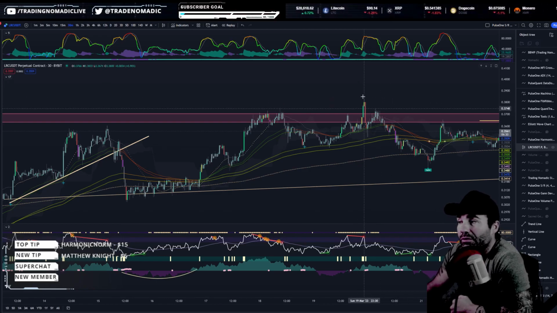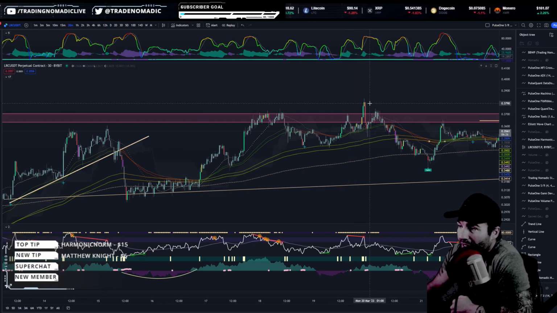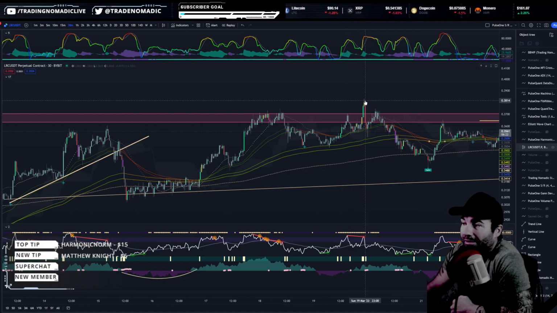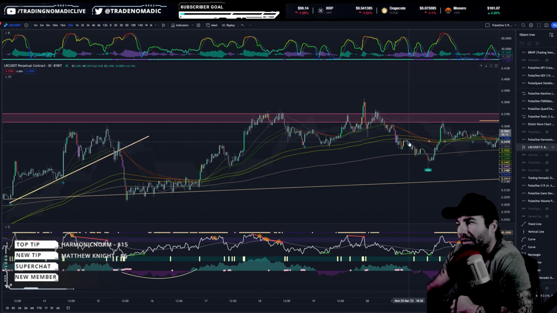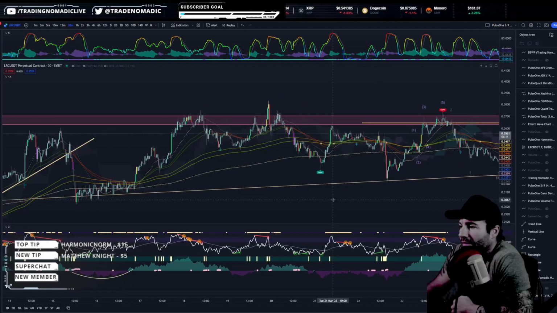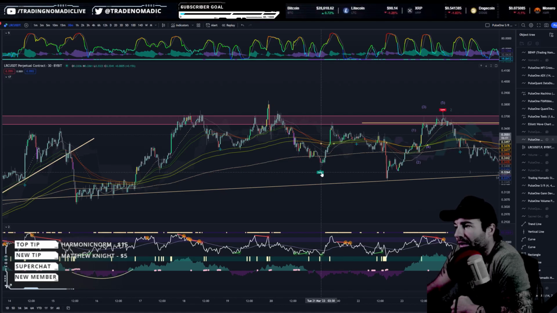And again, if you were just analyzing the price action itself, you saw price break above an important supply zone and get rejected immediately. It tried again and only put in a lower high and got rejected again. And again, I really like using the harmonic indicator for pivot zones because it shows you that the wave structure has completed.